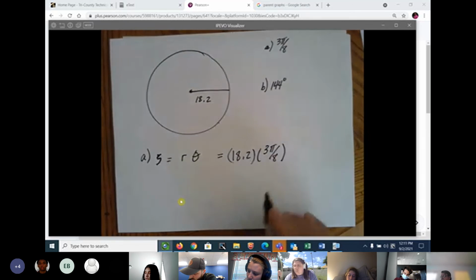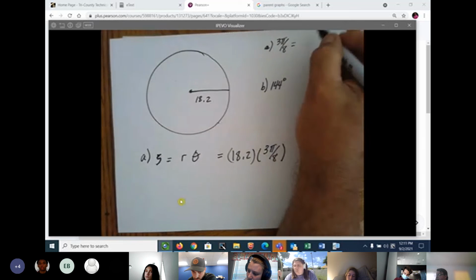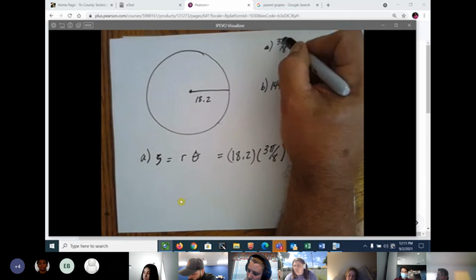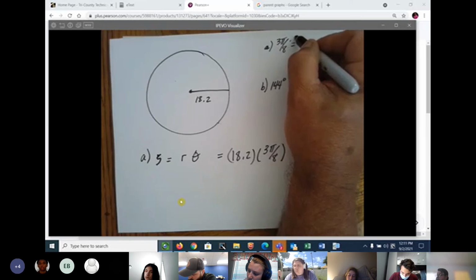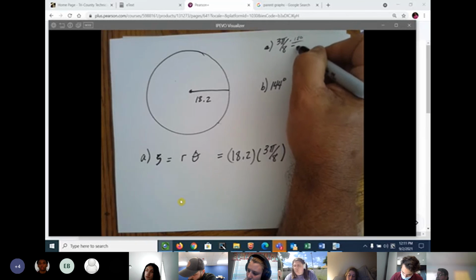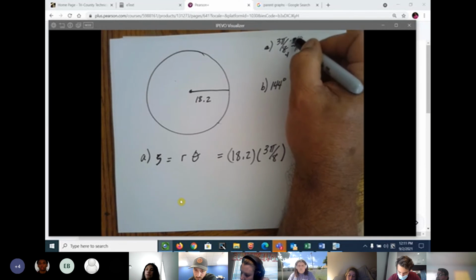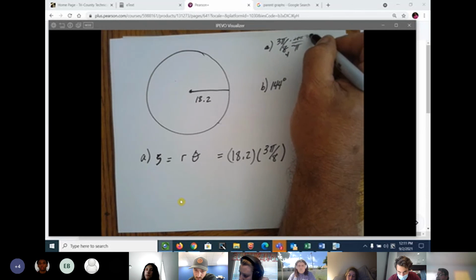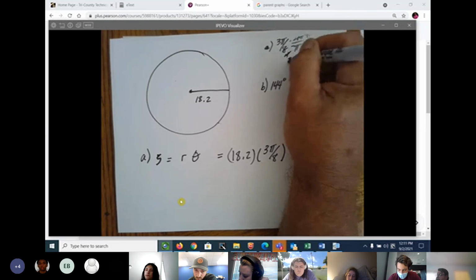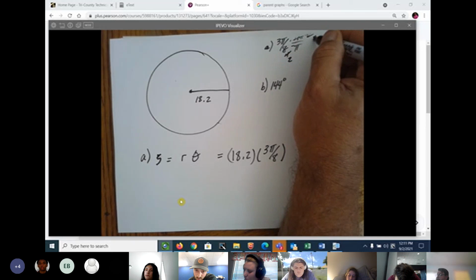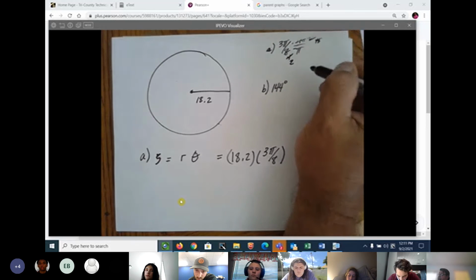Now for giggles, I'm going to change that into degrees so I'll know where it is degree-wise. So 3 pi over 8 times 180 over pi. 2 will go in 8 4 times. 2 will go in there 90 times. 2 will go in there 2 times. 2 will go in there 45 times.